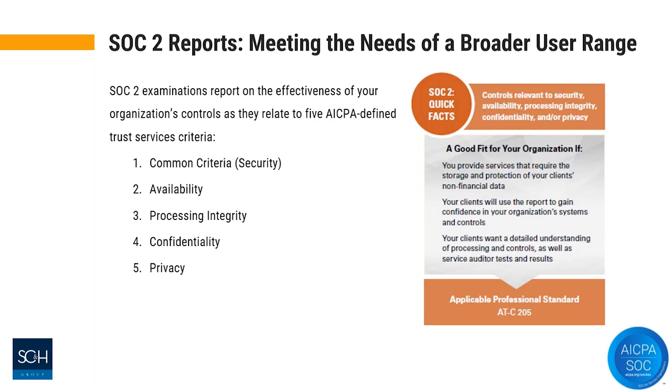So going much further and beyond the scope of financial reporting and focusing on what the AICPA has defined as 5 trust service criteria. We look at it like a hub and spoke model, where you've got the common criteria, otherwise known as security, as the hub, kind of the wheel, and the additional availability, processing integrity, confidentiality, and privacy criteria as your spokes.